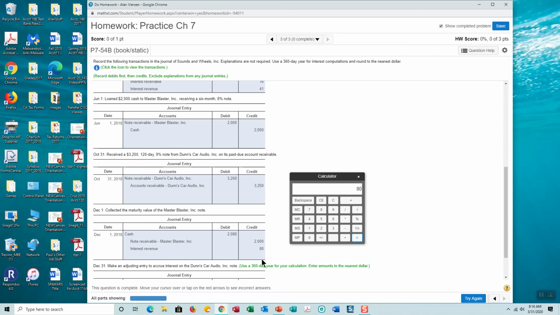The interest is $80. Add that to the principal, and it comes out to $2,080.